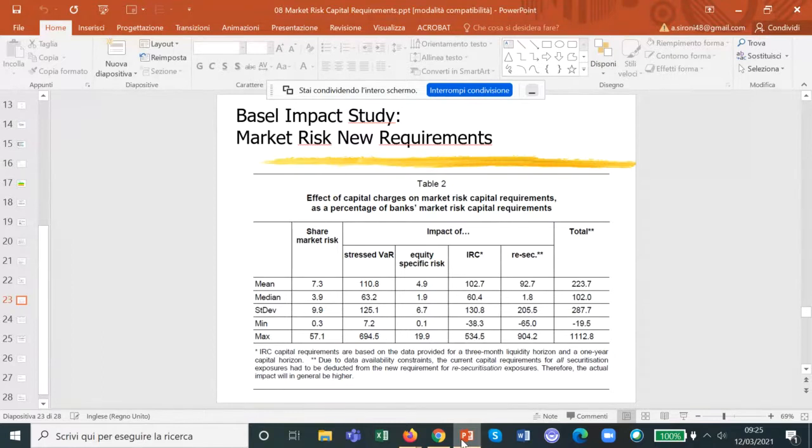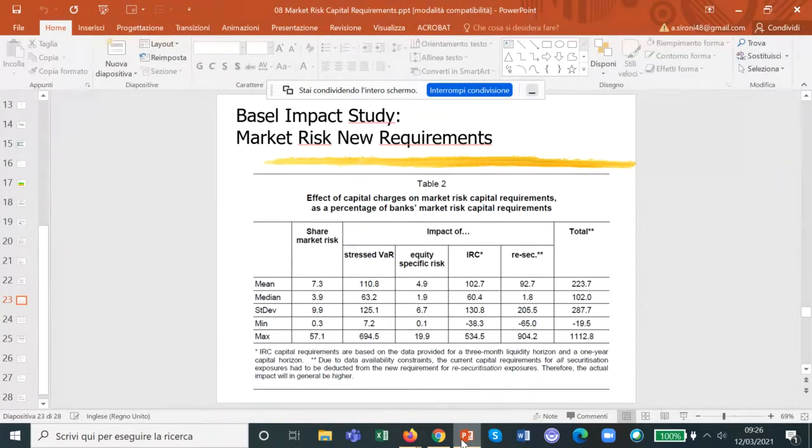So here, for example, you see the numbers in the table indicate how much in terms of the percentage of the existing capital requirement, the total capital requirement on market risk would increase as a consequence of, for example, stress value at risk. Stress value at risk more than doubled the capital requirement. The IRC similarly more than doubled, 102% increase. Okay.